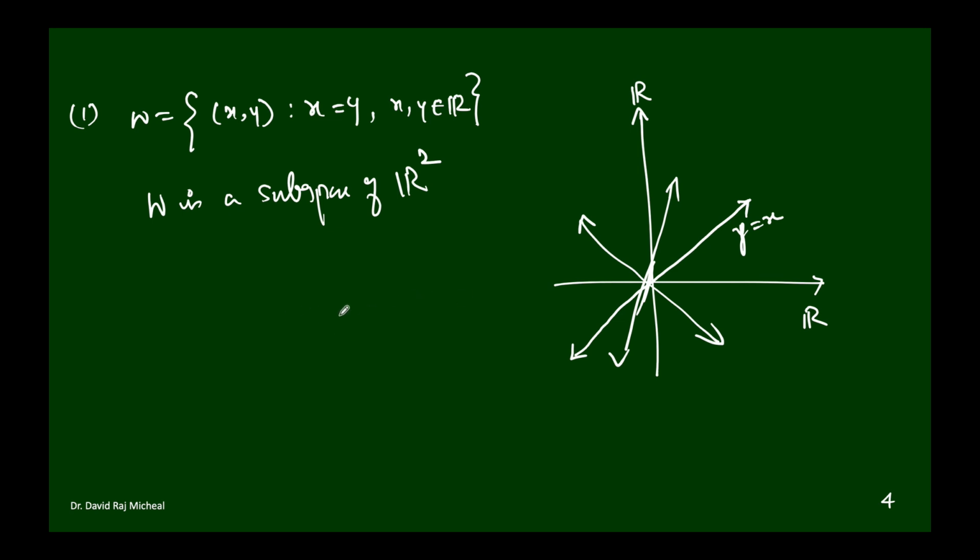What I mean is, suppose in Rn, the set of all points satisfying a1x1 plus a2x2 plus and so on up to anxn equal to 0 is also a subspace of Rn.